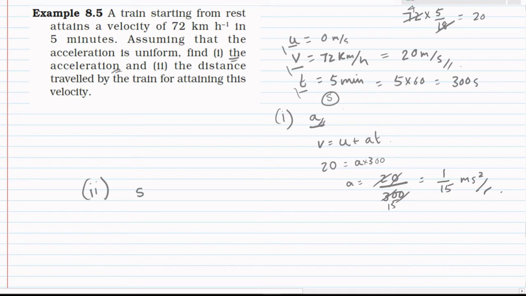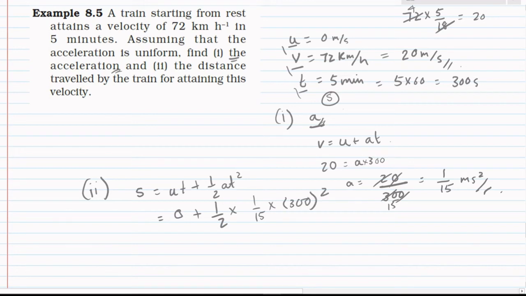Yeah, s equals ut plus half at square. Just put in the values and you get s. U is 0, so this whole thing is going to be 0 plus half. A, we just found it out, it's 1 by 15, and t square, that is nothing but 300 square.